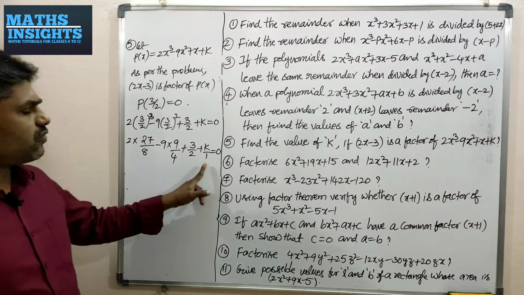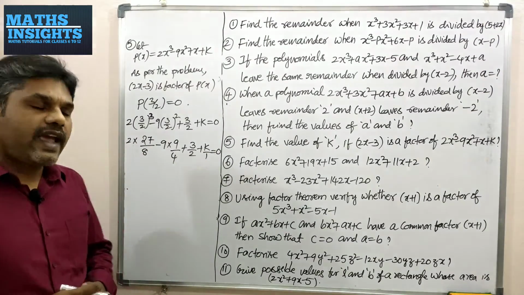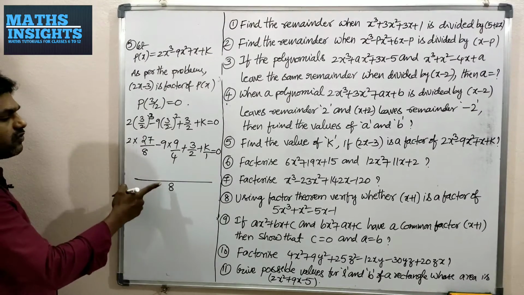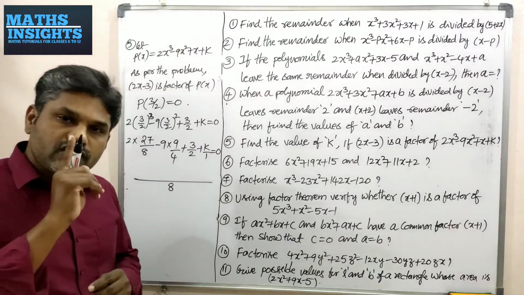If you take the LCM for all these numbers, you will get 8. So by taking 8 as our LCM, if you divide the LCM with 8, the quotient is 1.